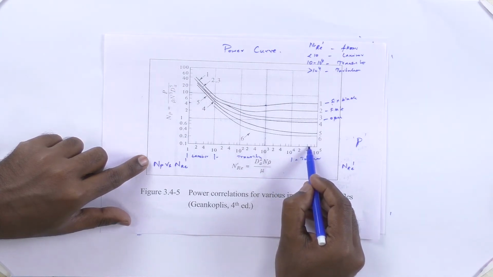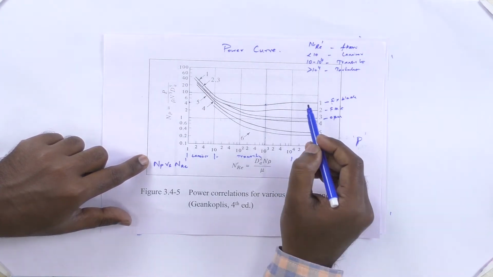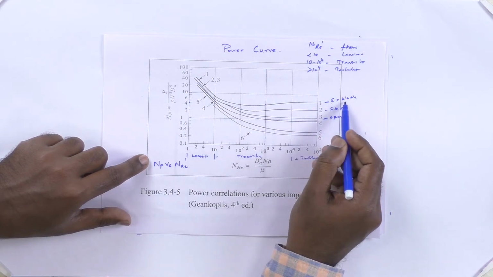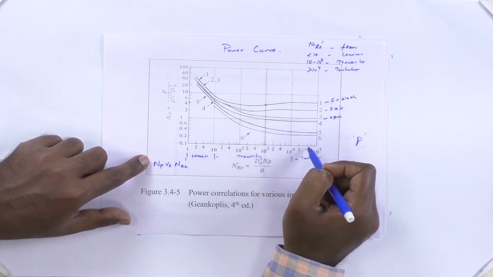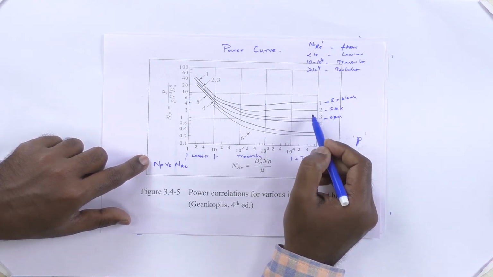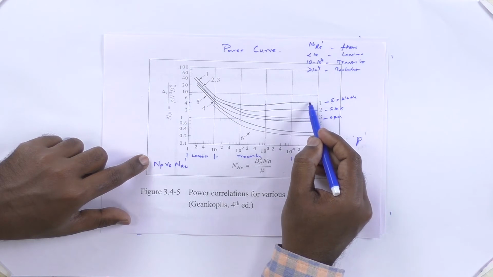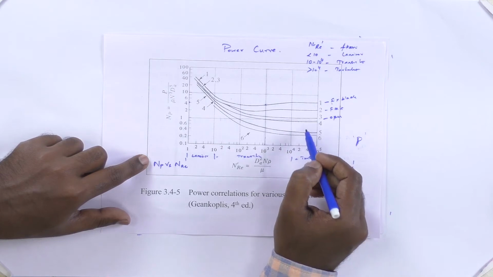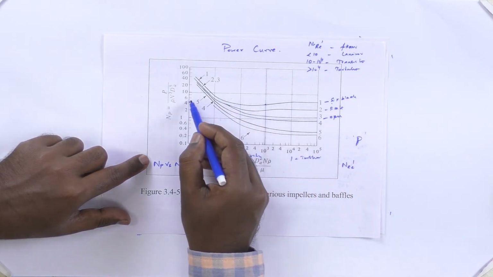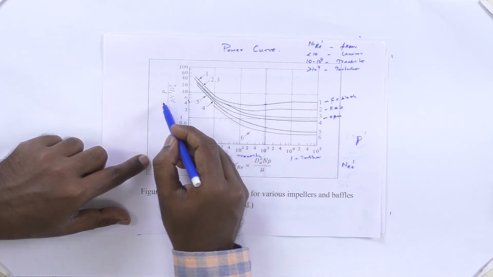The impeller type we have is the 6-blade impeller, so we have to go to the first curve. This is the place, and this is going to be a constant value. If you draw a vertical line to this and a horizontal line to this, you are going to have a power number of around 5.